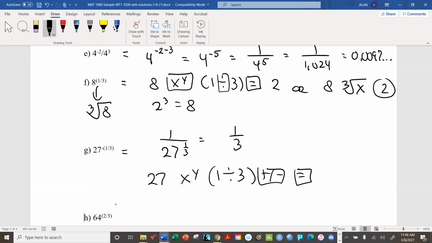And that will give you, now the only negative thing about this is that it won't give you 1/3. It will give you the decimal equivalent of that, but you'll recognize it right away as 1/3. So 27 x to the y power, parentheses, 1 divided by 3, close parentheses, negative, equals, and it will in fact give you, as I predicted, 0.33333.